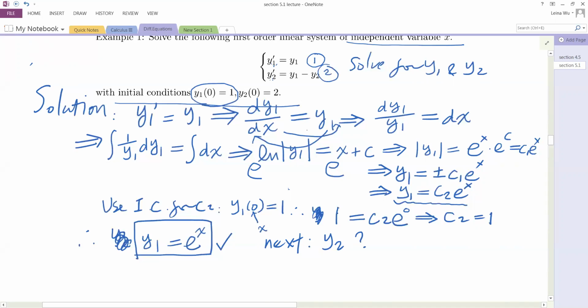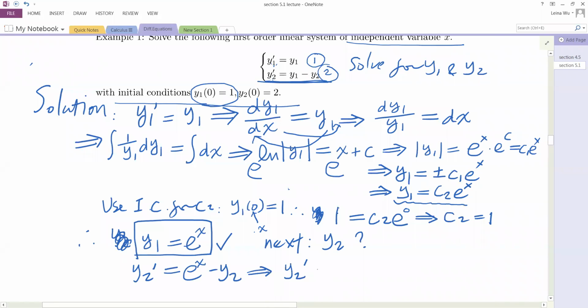But first of all, we understand y2 is being discussed in the second equation. Where's my pen? Okay, so this is where y2 is given, right? So we should be using that equation. y2 prime equals y1 minus y2. Eric, you can move the y2 to the left-hand side.